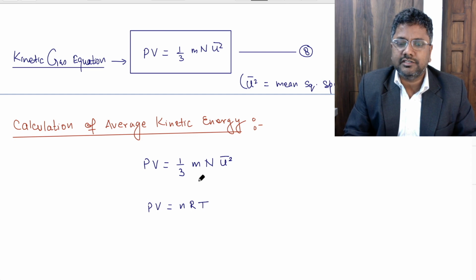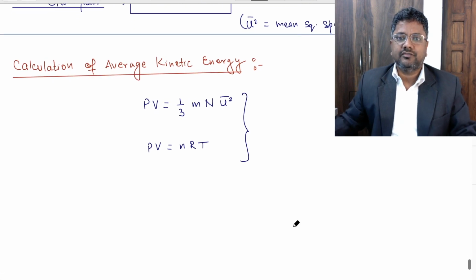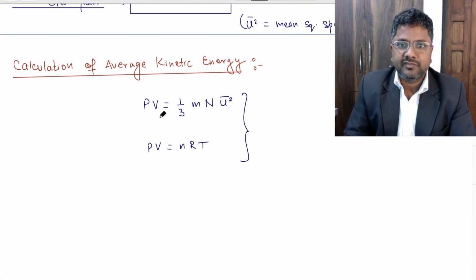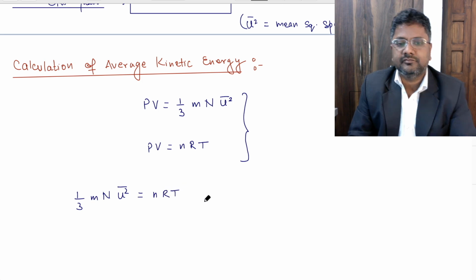By using these two equations, we can find out the relation for kinetic energy. See, the left hand side is equal, so you can write 1 by 3 m N u square average. This is equal to nRT.